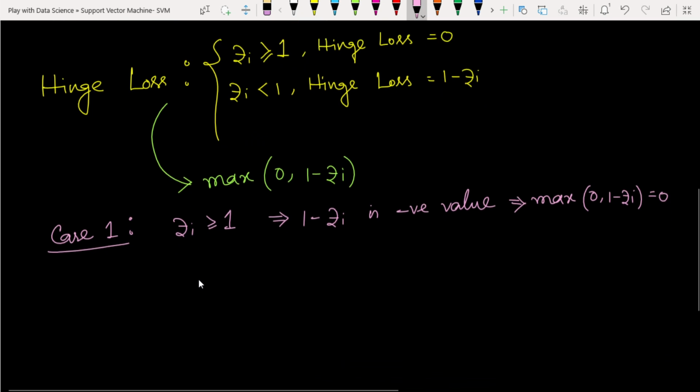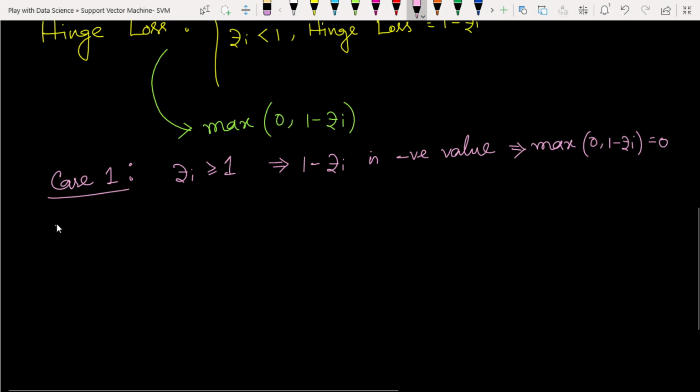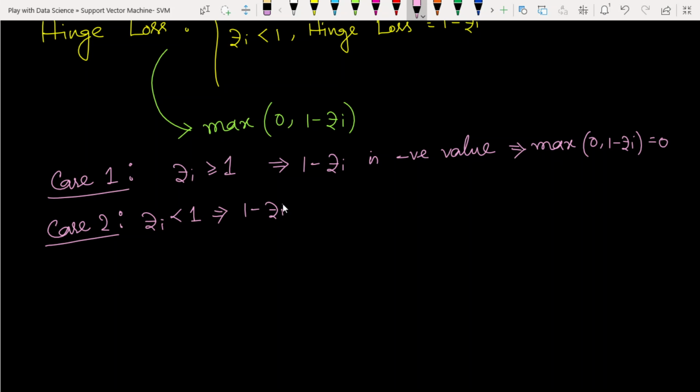Now let's take case 2. In case 2, Zi is less than 1. This means 1 minus Zi is a positive value, greater than 0.